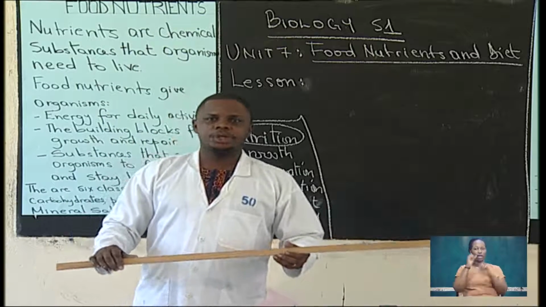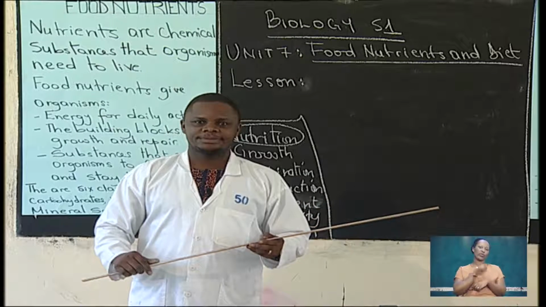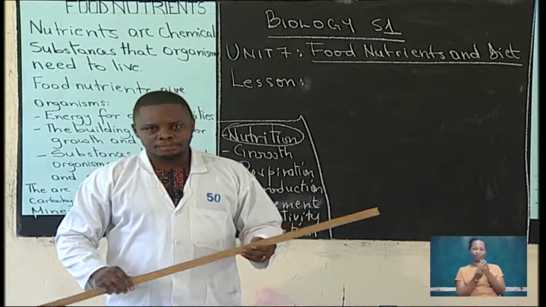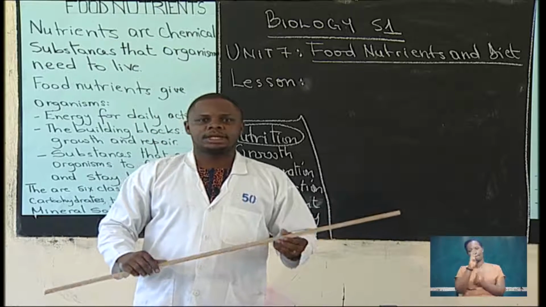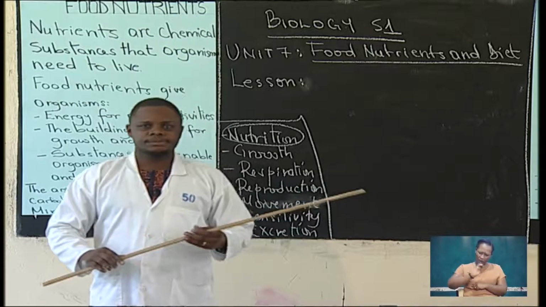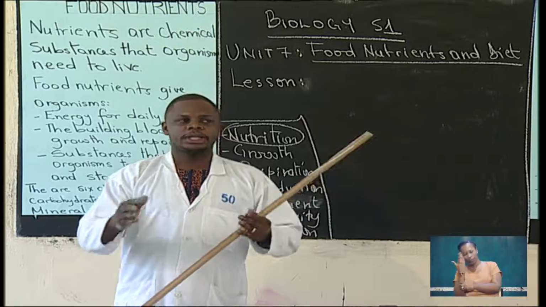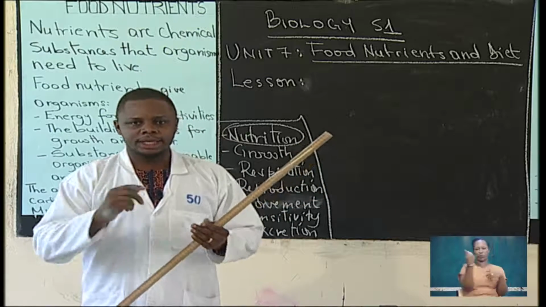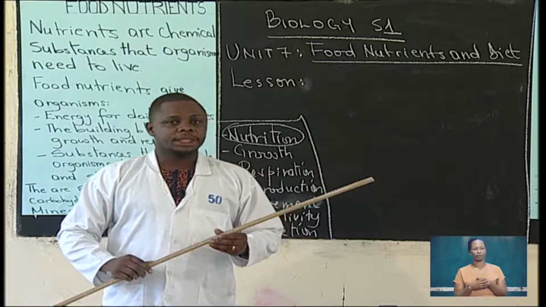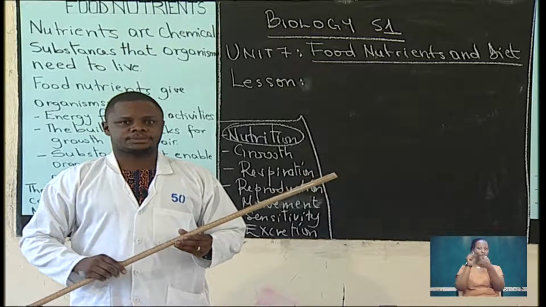Can you tell me which organisms make their own food? Green plants and some bacteria. They make their own food. Other animals depend on plants for food, or they depend on other animals. That means nutrition is very important to animals.